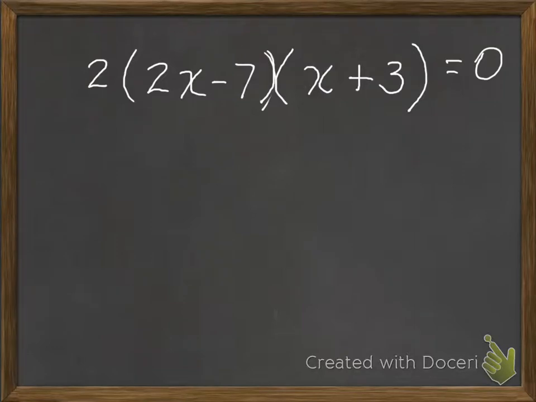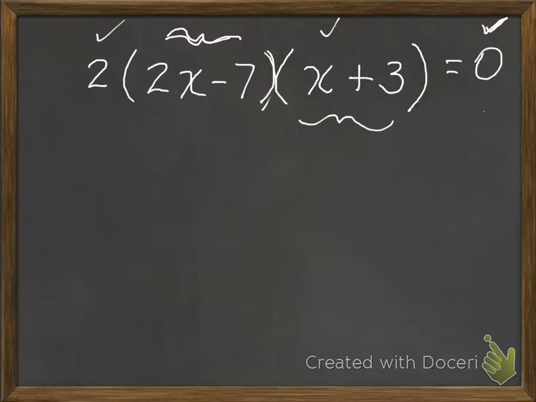So now recall, we're still trying to find those x's that make the y over here 0. Well, if this factor is 0, then 0 times the other two factors will give us 0. Likewise, if this factor is 0, then 0 times these other two factors will give us 0.